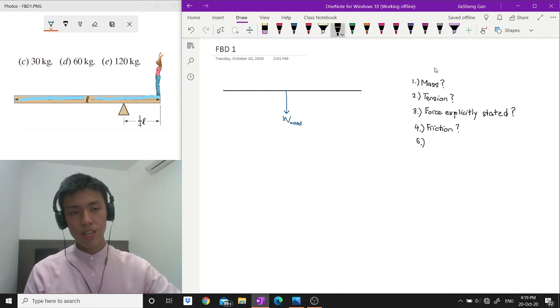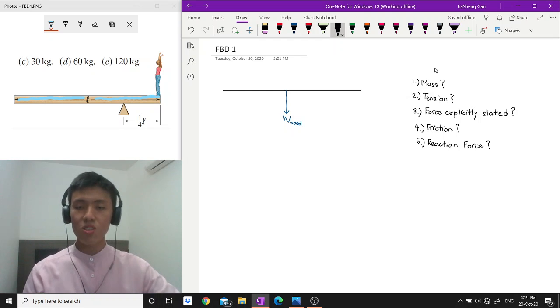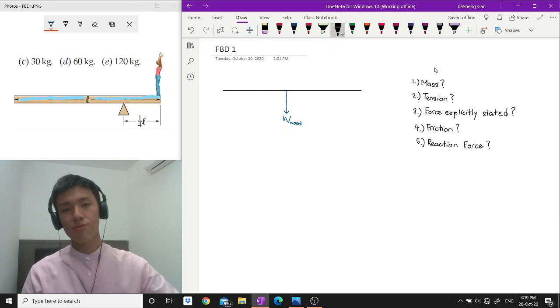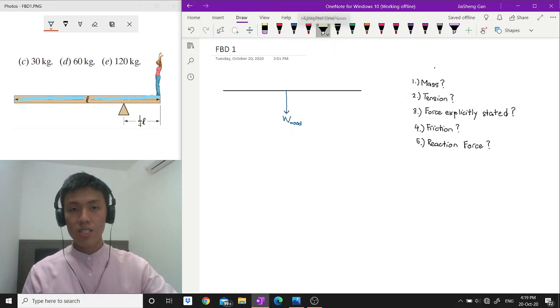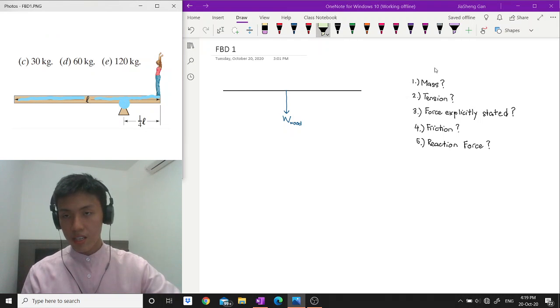So the fifth case will be the reaction force. Reaction force is normal force plus many other kinds. When you have a hinge, when you have a pivot, then that's reaction force. You can see here that there's contact here and there's contact here.